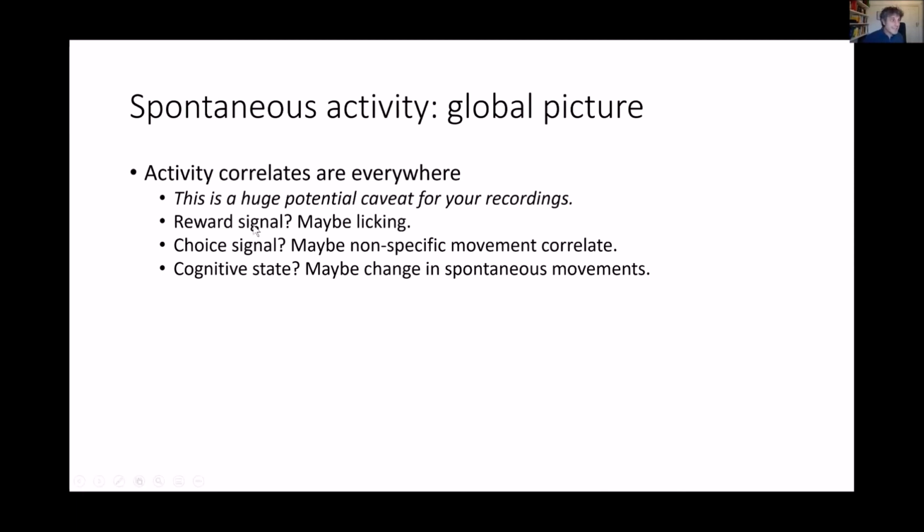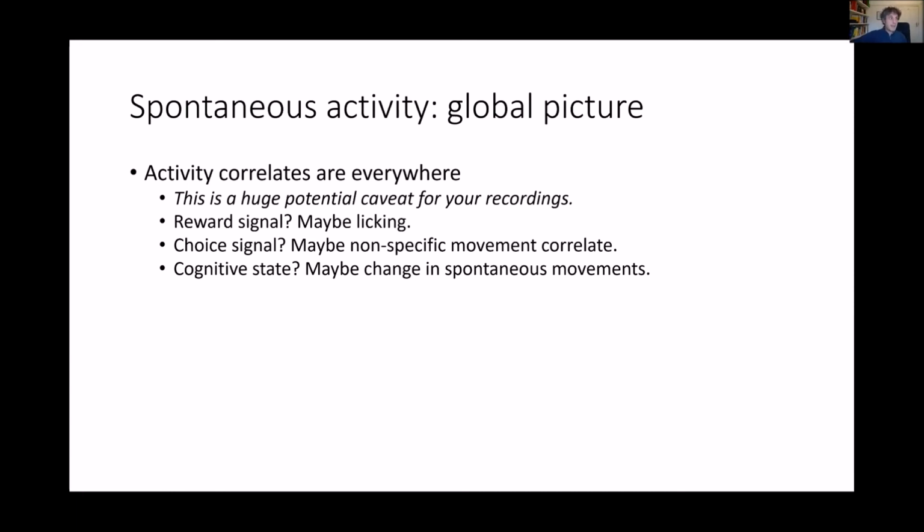Suppose you saw a reward signal. Well, maybe it's licking. Maybe it's the correlate of the licking. Suppose you saw a choice signal. Maybe it's a change in the non-specific movement correlates that this cell just happens to be driven by motion. This is particularly a problem if you have a go, no-go task where you're comparing movement with no movement.